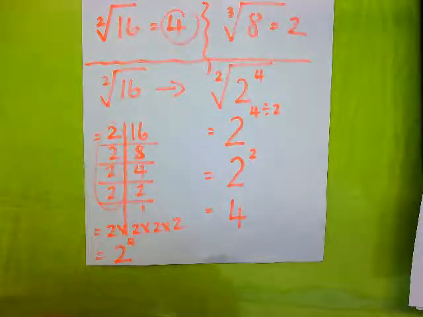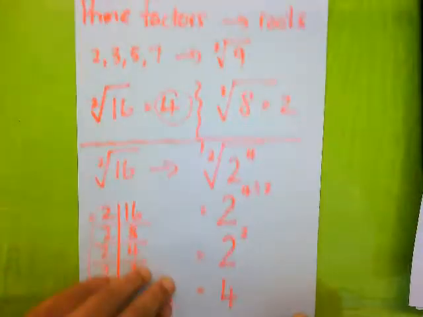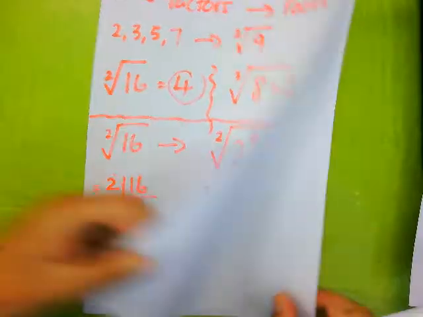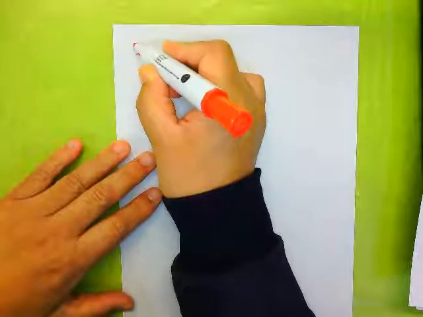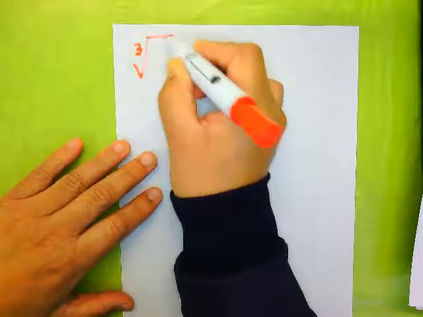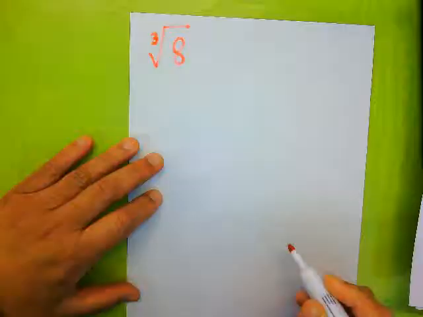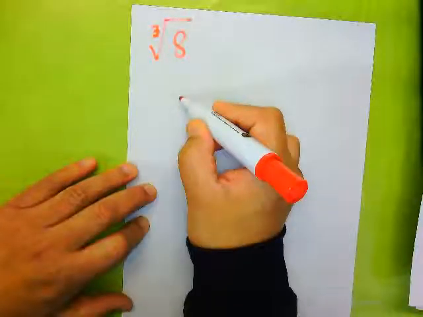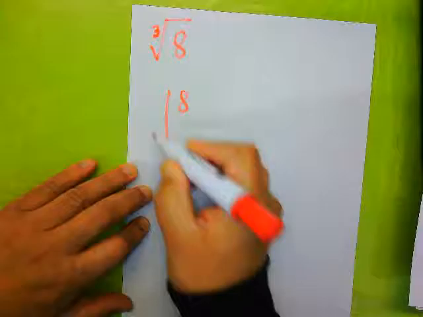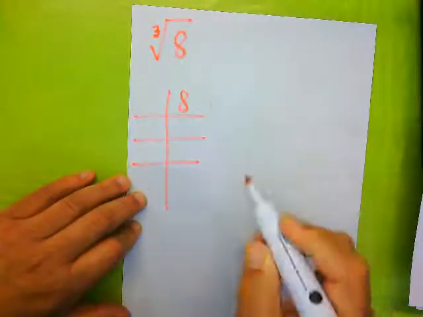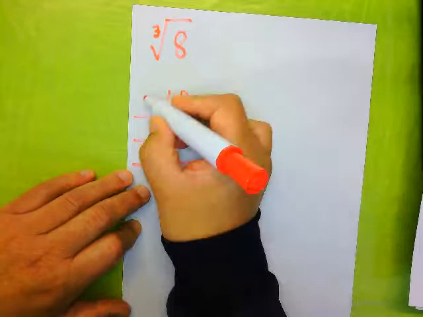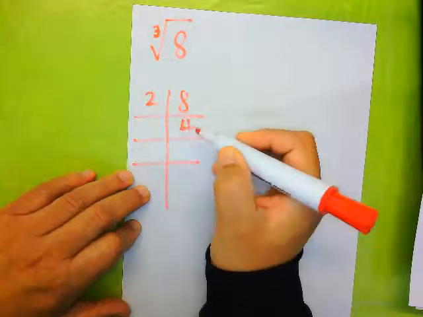Let us look at another example. Okay, let's say it's a cube root of 8, for example. Right, we take the 8. We use the ladder method. The first prime number is 2. Can 2 go into 8? Yes, 4 times. Can 2 go into 4?